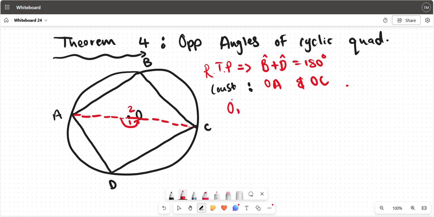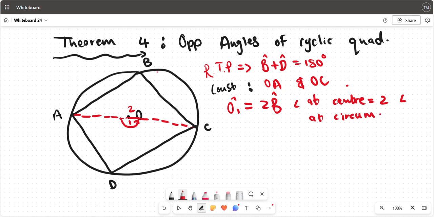So O1 is going to be equal to twice B. And what am I using here? I'm using angle at center equals twice angle at circumference. That's the reason that I'm using there.